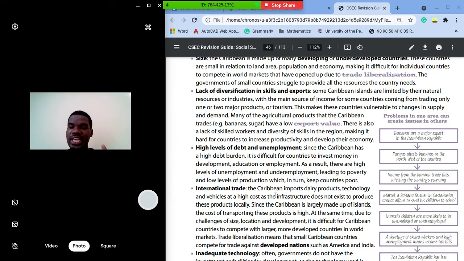So they couldn't invest any money back into developing the country, whether that's in education, employment or otherwise. And guess what happened now? Because they can't invest in development, the country becomes underdeveloped and there's nothing else to develop it back. So that's what I mean by a vicious cycle.